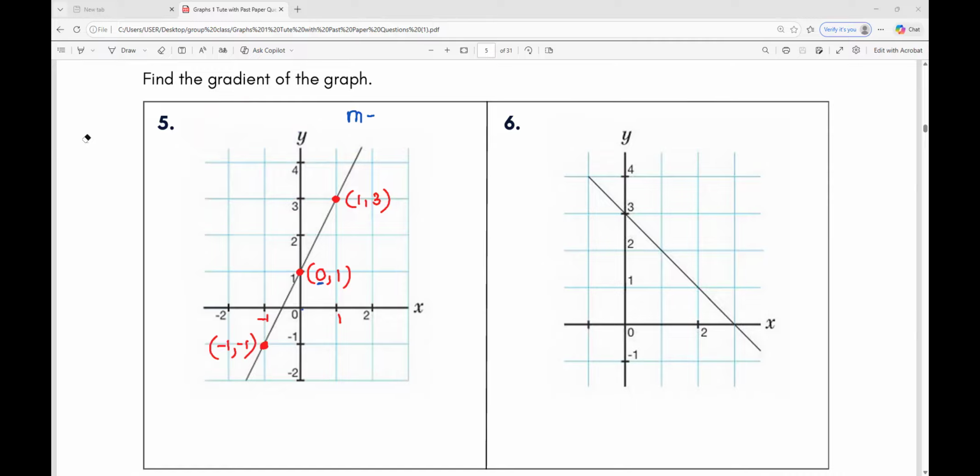Gradient is equal to y2 minus y1 over x2 minus x1. I will select this as the first point. This is my second point.